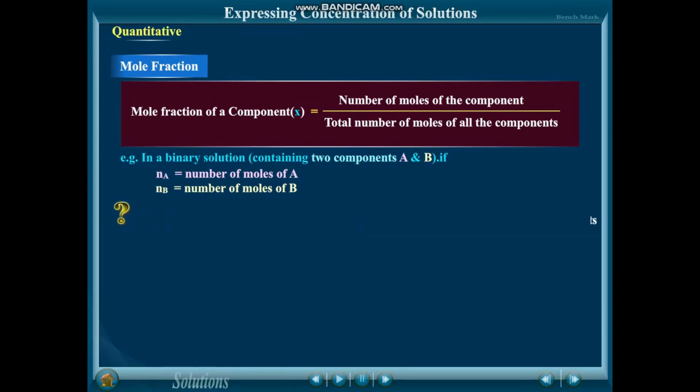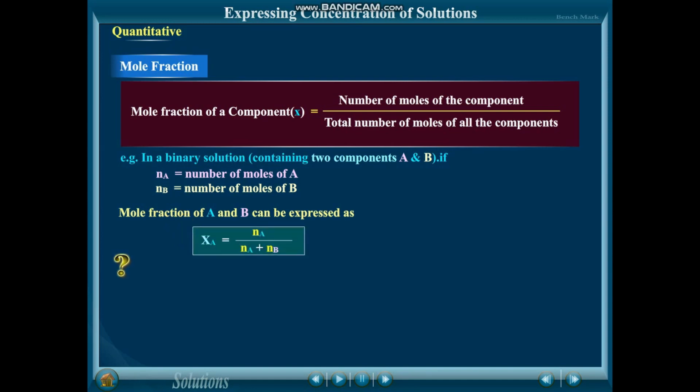So mole fraction of A is equal to number of moles of A divided by total number of moles, that is Na plus Nb. Similarly, the mole fraction of B is equal to number of moles of B divided by total number of moles, that is Na plus Nb.